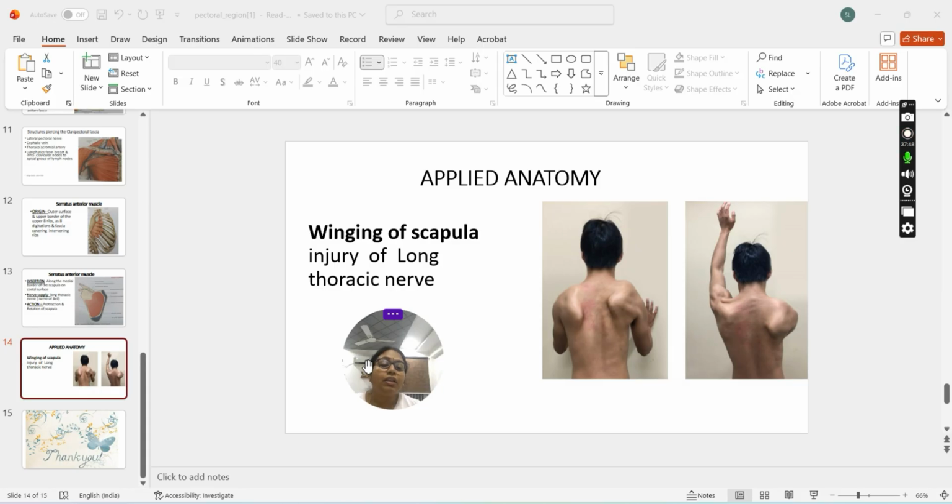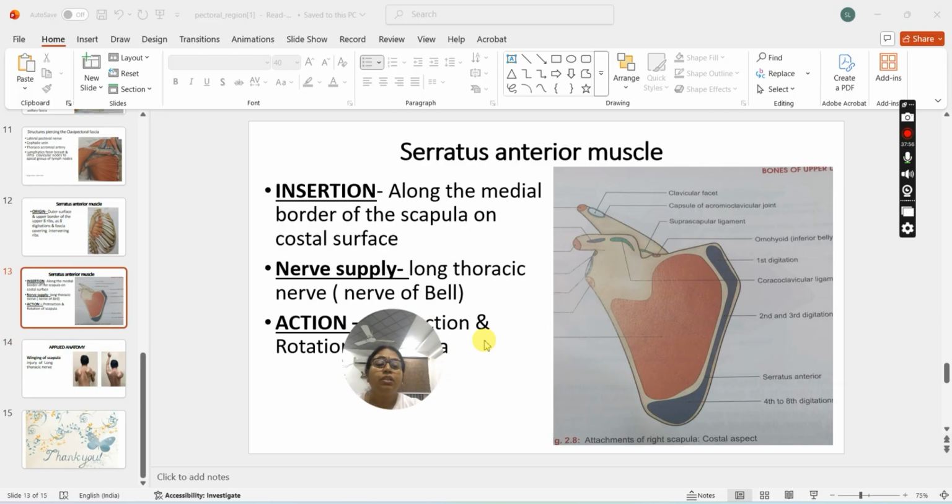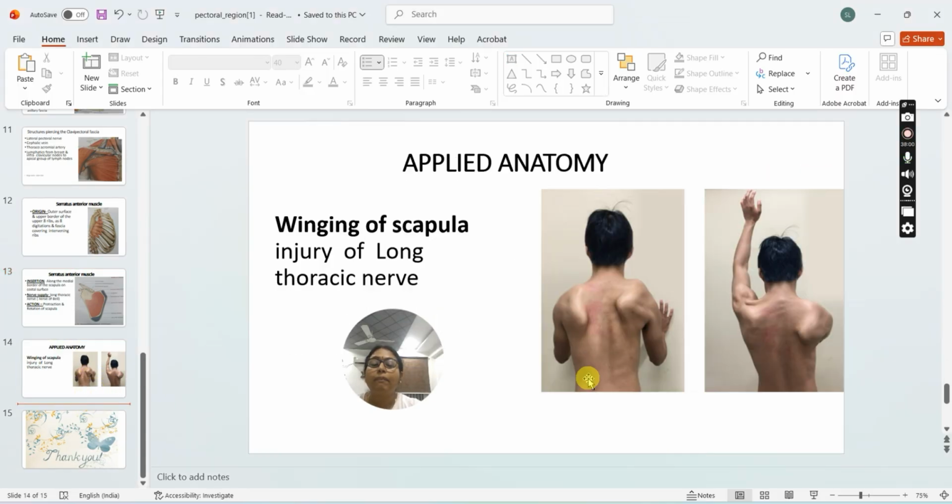So when you ask the patient to push against resistance against the wall, you can see here in the affected side, when he tries to push against the resistance, the medial border of the scapula becomes unduly prominent.